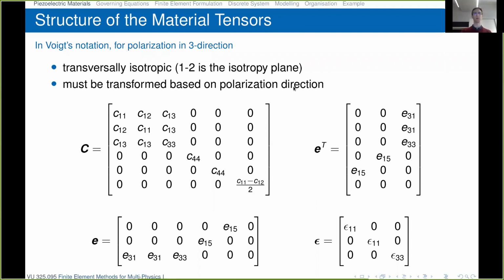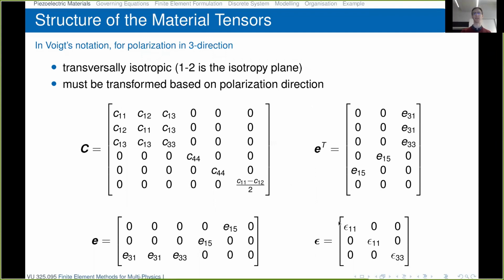So depending on the direction of the polarization, you have to orient your material properties in the correct way in the finite element model. Here is the typical form given for a transversally isotropic material. As I said, the 3 direction is the distinct direction.